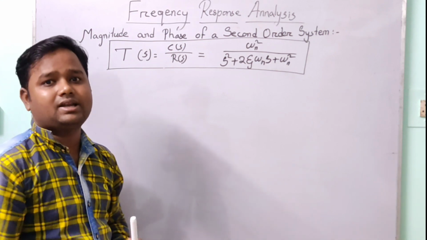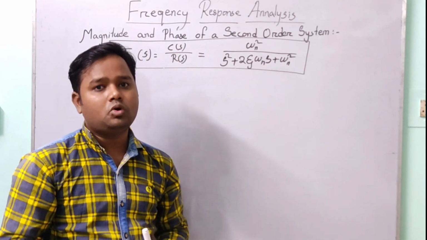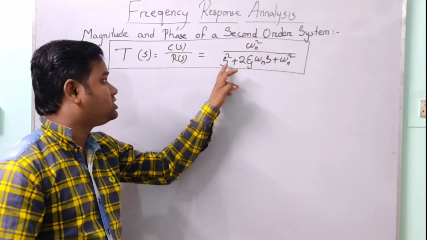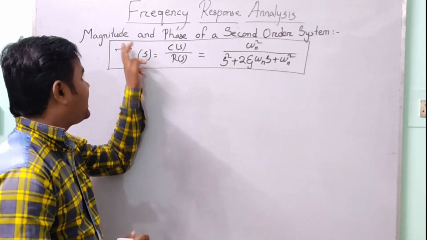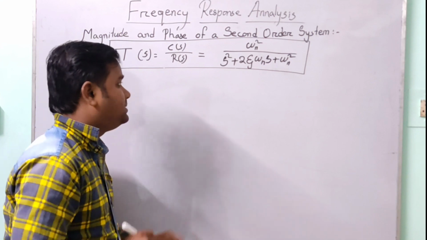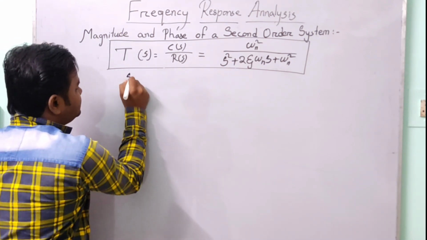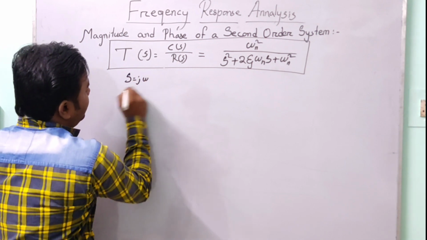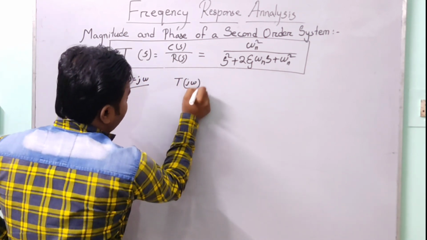For frequency response analysis, what will we do? Now we will find the magnitude and the phase for this second order system. First step is we have to put s equal to j omega. By putting s equal to j omega, we get the transfer function T of j omega.